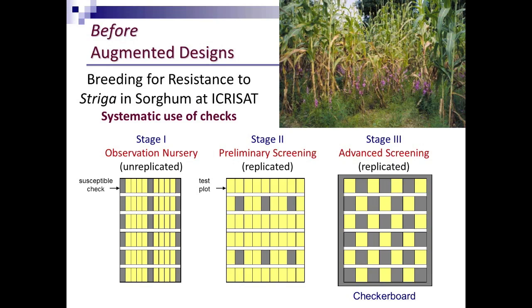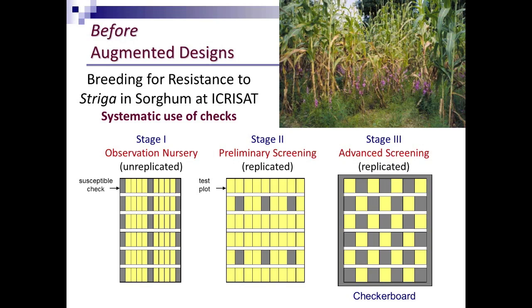In the initial stages in the observation nursery that were unreplicated, they would include a susceptible check that was repeated at constant intervals throughout the field. After that, they would go to replicated trials, and they would have one particular susceptible check that would be surrounded by 8 test plots, and they would use that susceptible check to adjust the observations on the test plots.